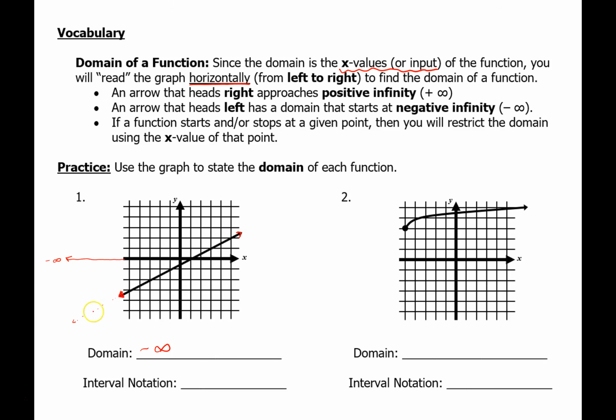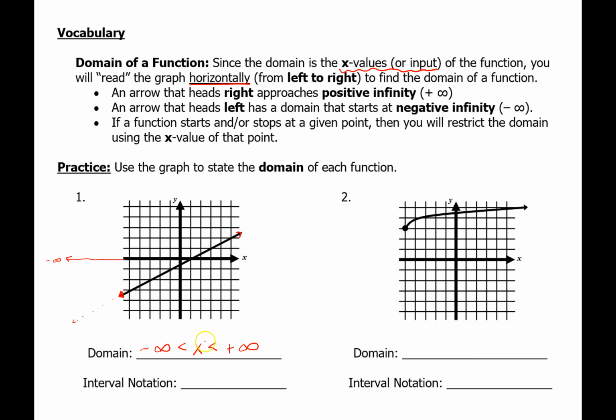There's still a piece of this line here. And that negative infinity is going to be less than that x value, meaning that it could be anything down this direction. And on the right, it's going to be all the way up to positive infinity. So this is saying negative infinity is less than x is less than positive infinity.